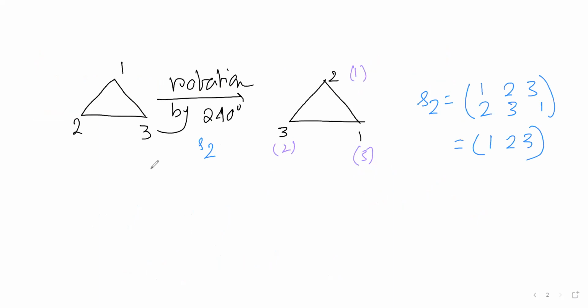So let's check it. (1 3 2), right? 1 goes to 3, 3 goes to 2, 2 goes to 1. I have to compose it with itself, right? 1 goes to 3, and 3 goes to 2, 2 goes to 1.